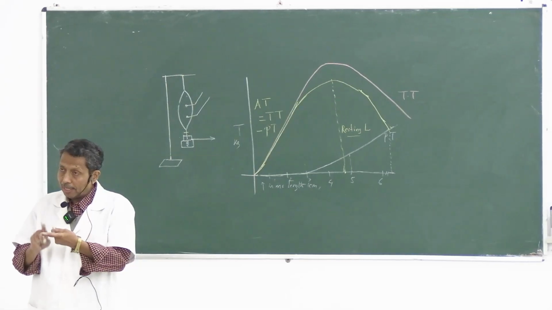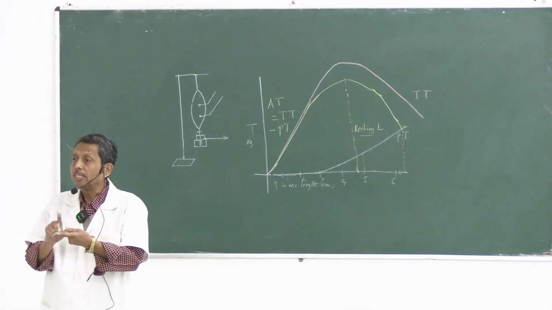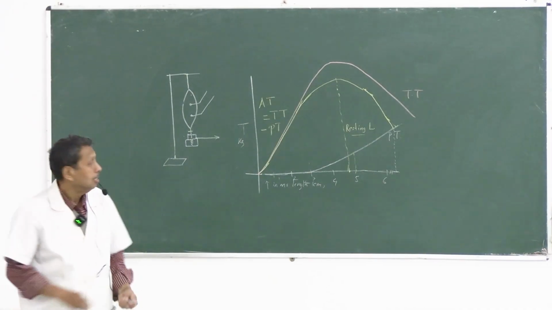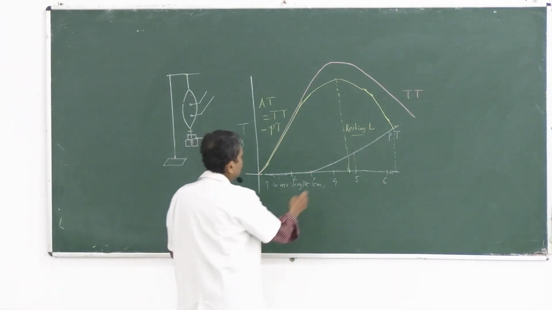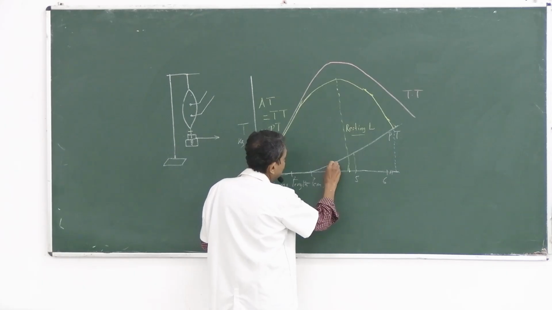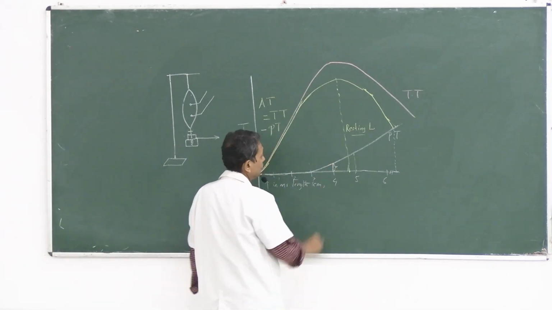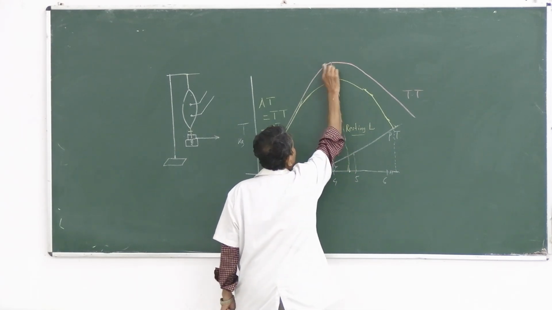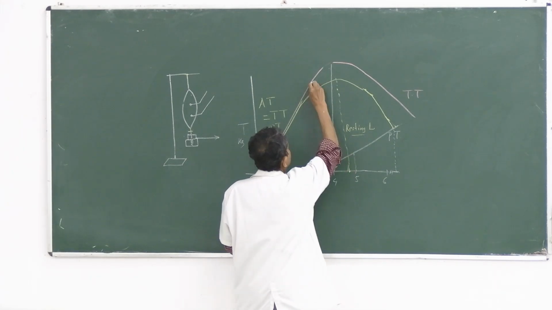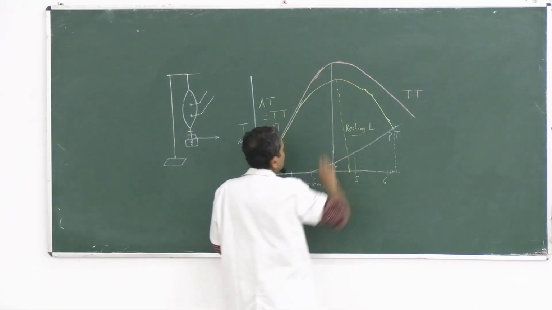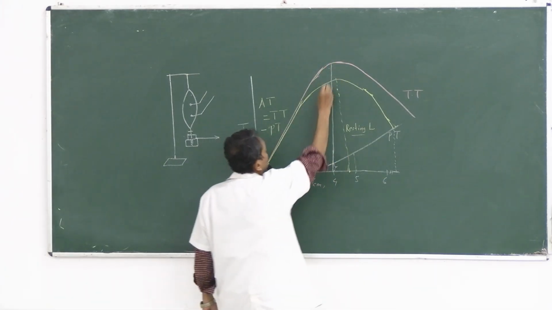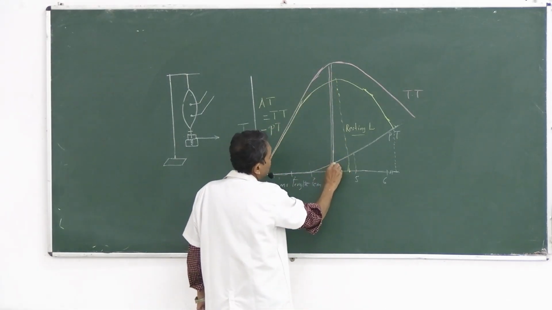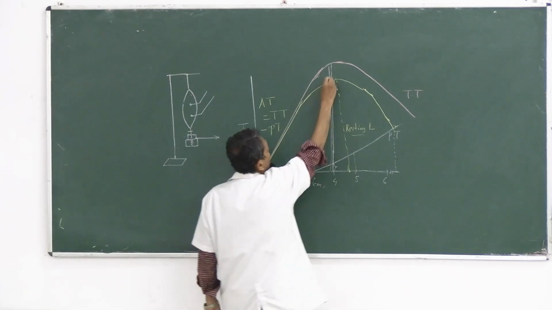That is, at each length, at that height, the amount of tension that is generated. Suppose you take any length, suppose it is 4, and this part is the passive tension. And when you go to this value at this particular length, it is the total tension. So you have to subtract this value from this value.